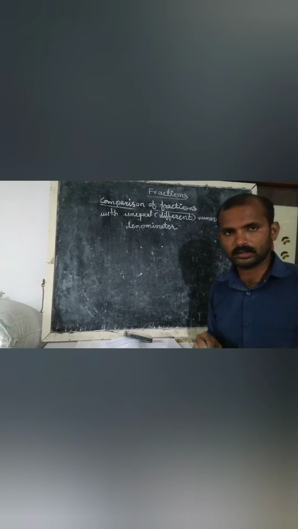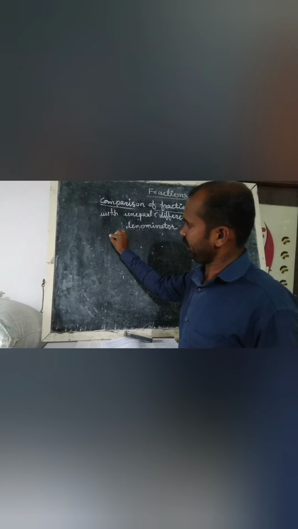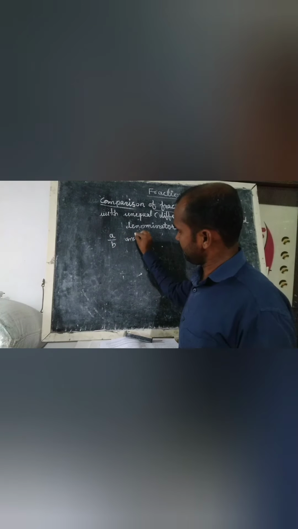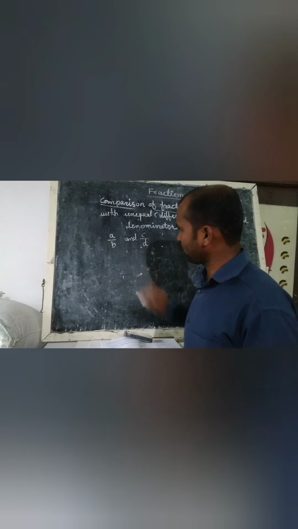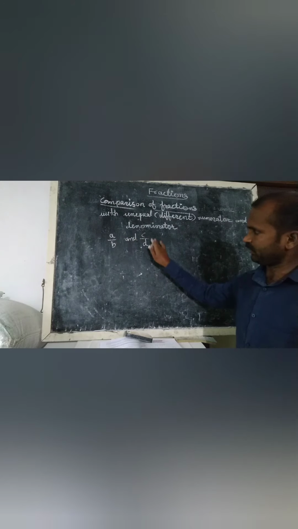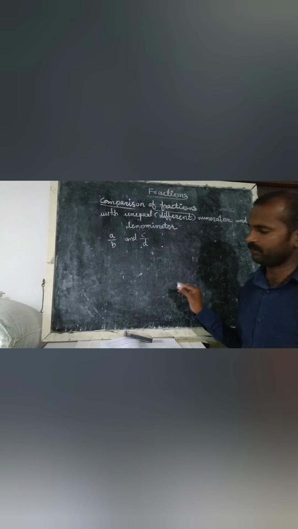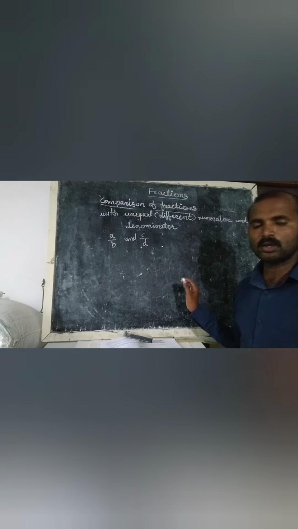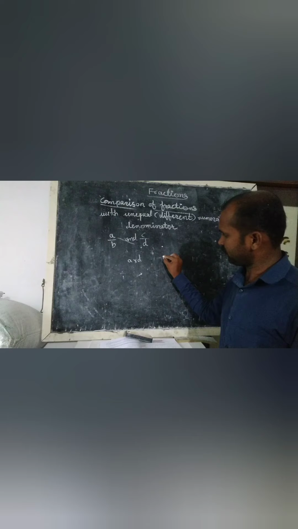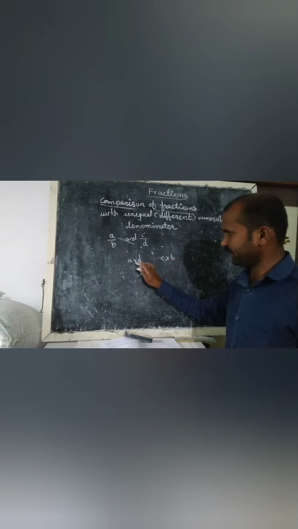Now there are conditions applied. If A upon B and C upon D are two fractions and we have to compare them, we have to cross multiply A into D and C into B.